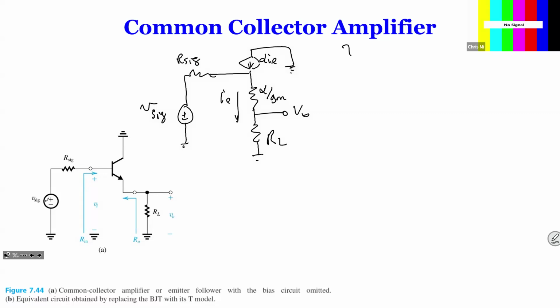Similarly, we want to find VO, or in that sense, we find AV, and then we find R in, and then we find R out. And in this case, we also conclude that the gain is 1, R in is big, and R out is small. And we're going to verify that, okay?